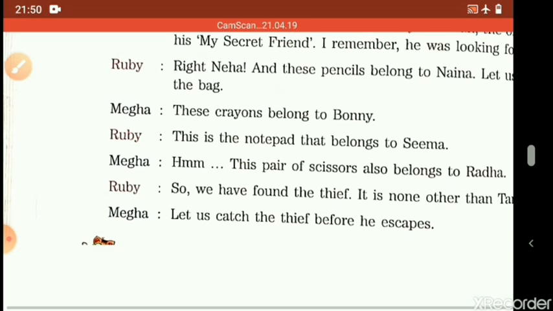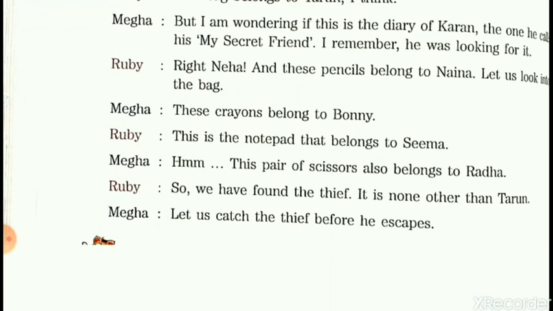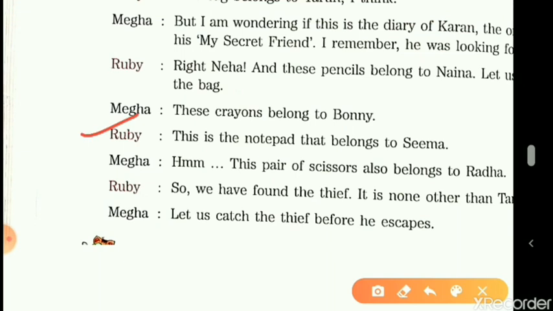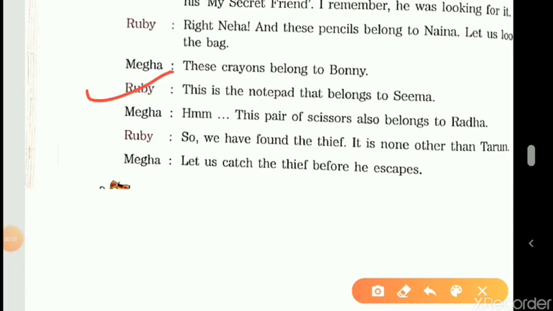Now, the next sentence. That is Ruby. Ruby, this is the notepad that belongs to Seema. Now, whose notepad?